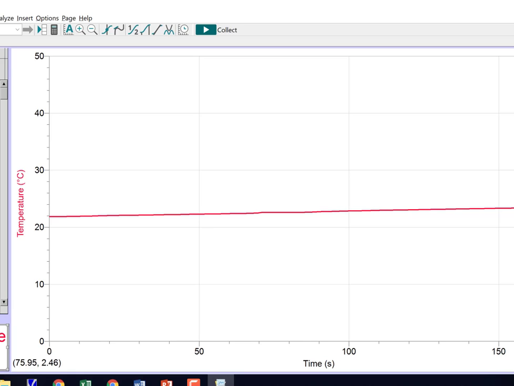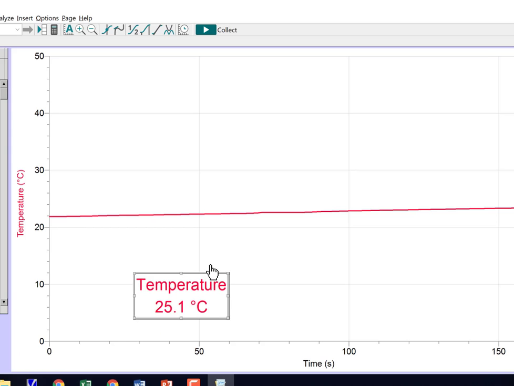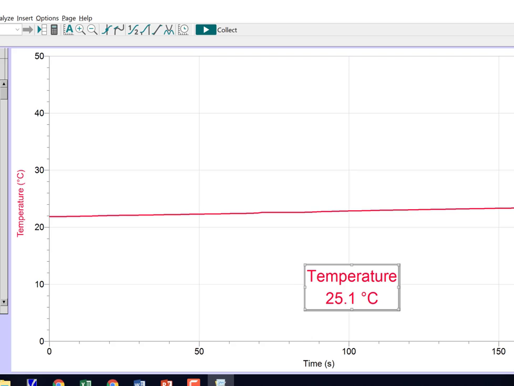Still going up. 24.6. 24.8. Still going up. 25. Okay. So, we don't have time for this to finish, but how would we do the problem?